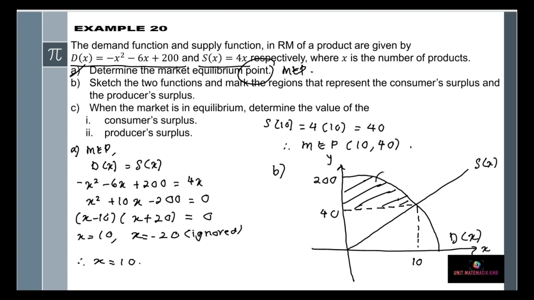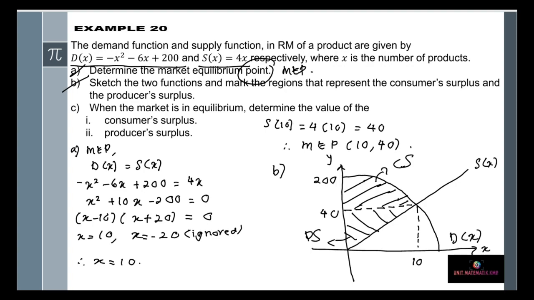This one is CS, and this one is PS. So we sketch the two functions S(x) and D(x), and we mark the region as CS and PS. Done. Question B.